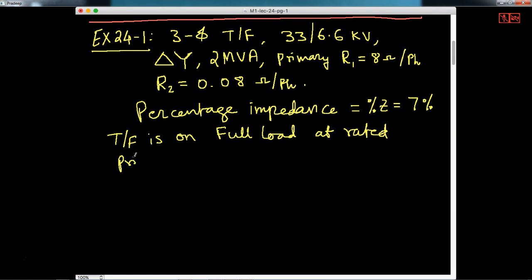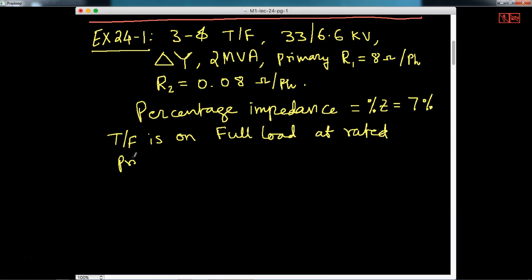So the rated voltage is applied at the primary side. But then, at full load, the power factor is 0.75 lagging. Now these are all the given data.